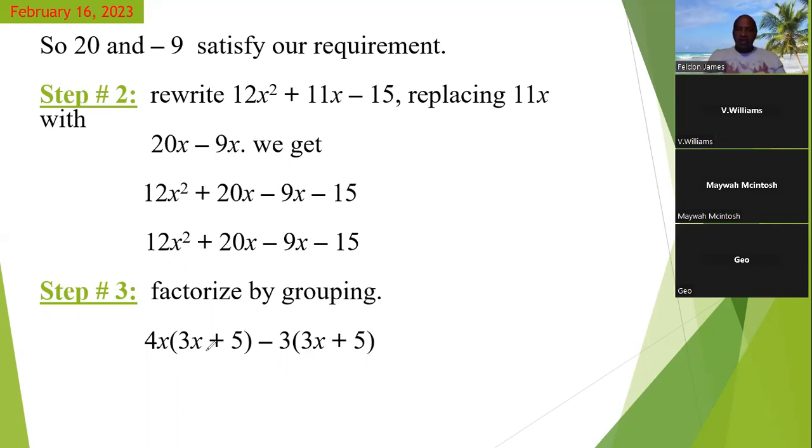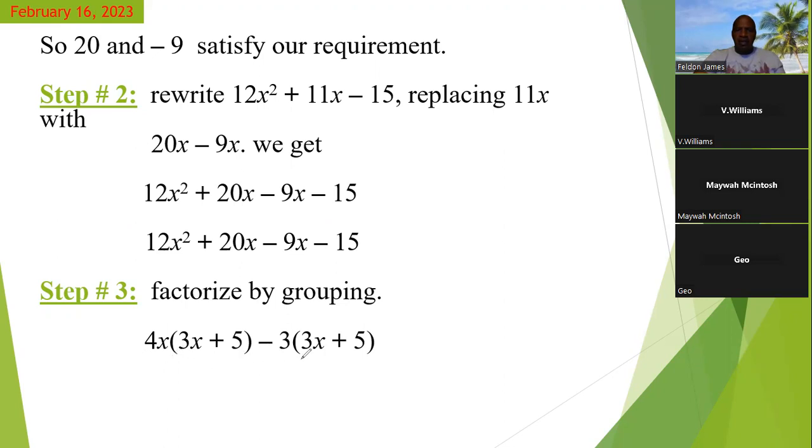It means that we cannot go any further, or we just need to go back and rearrange what we have with the expression to see whether or not we could find pairs that might give us the same expression in brackets after we factorize them. All right. So that's pretty much what we did.